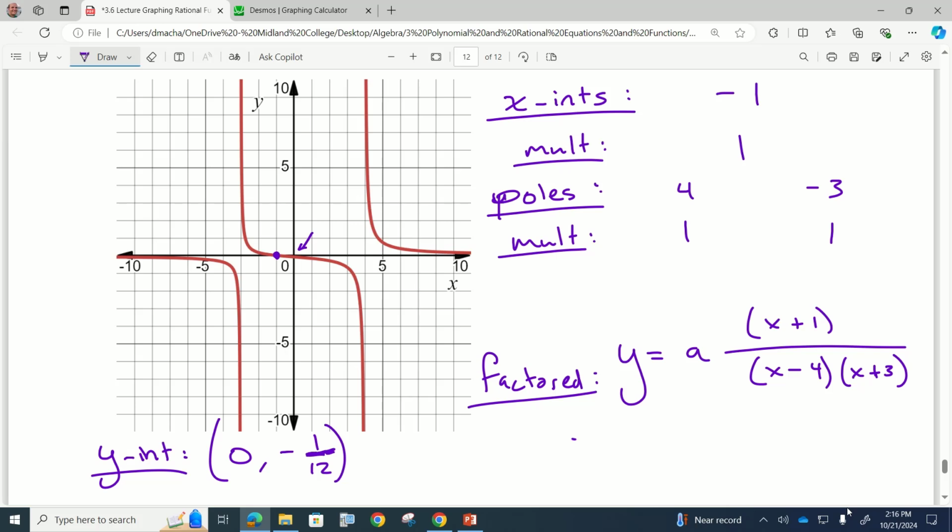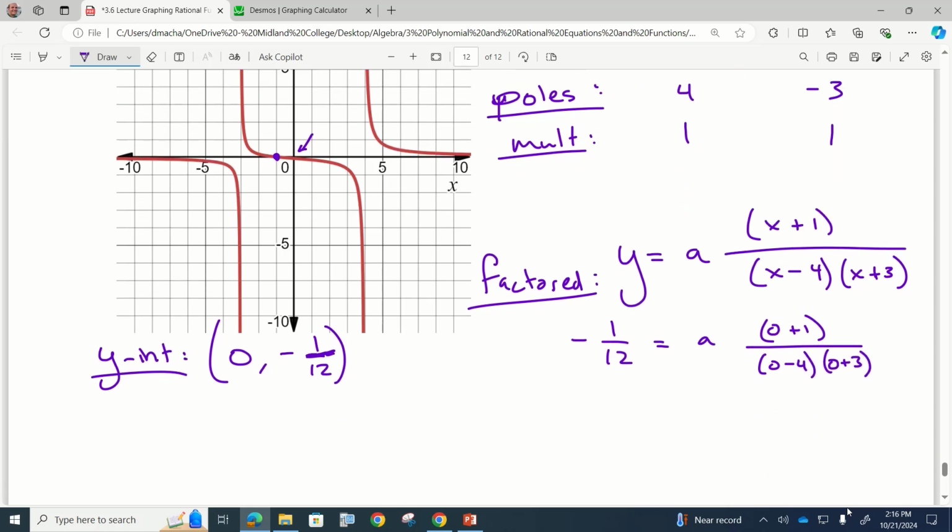And so if I plug in y equals -1/12 and x equals 0, I get this, and that tells me that a is equal to 1, and that means -1/12 divided by -1/12 is just 1.